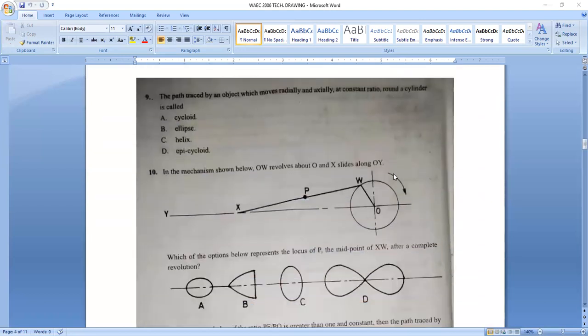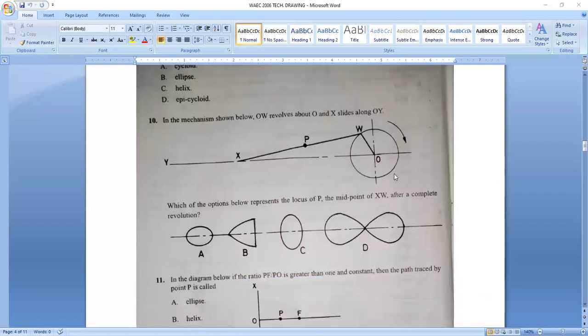Then question 9 says that the path traced by an object which moves radially and axially at constant ratio round a cylinder is called a helix. So the answer to that question is a helix. That is option C. Then question 10 says that in the mechanism shown below, OW revolves about O and X slides along OY.